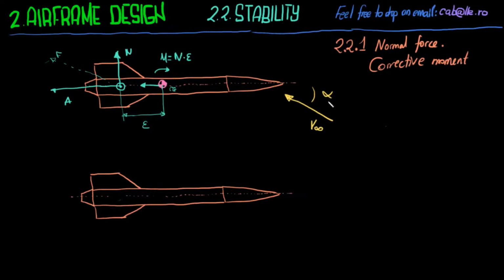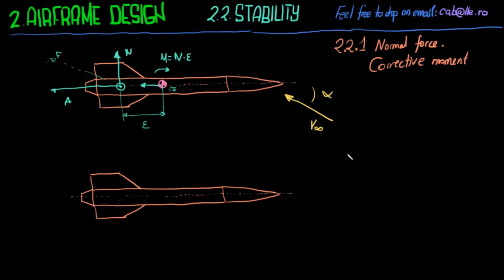in function of flight conditions. So this could be angle of attack, the Mach number, and in function of the rocket, let's say the geometry.